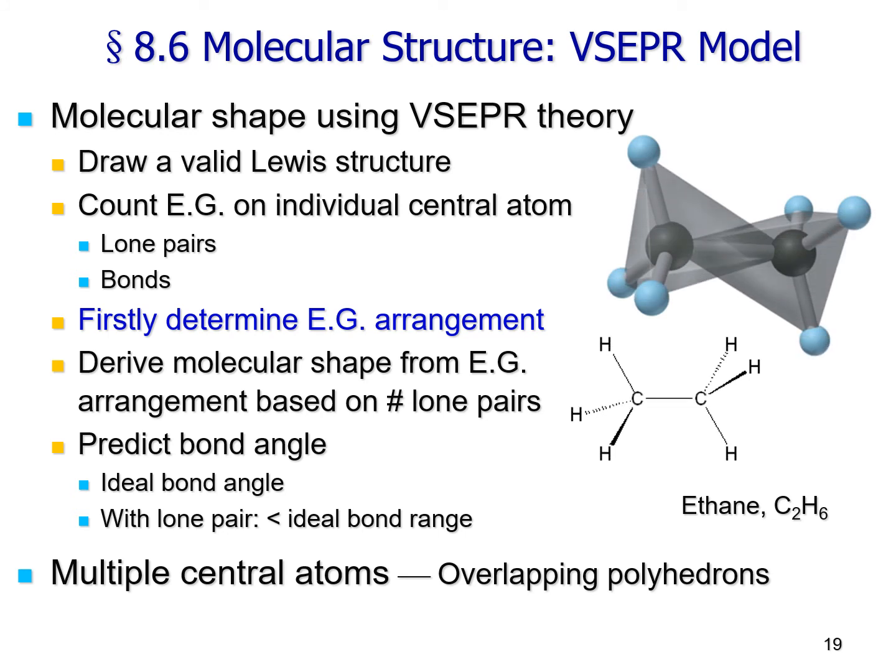We get two distorted tetrahedrals overlapping with each other. And that is the start of organic chemistry. So I'm going to leave the rest of such compounds for organic chemistry.